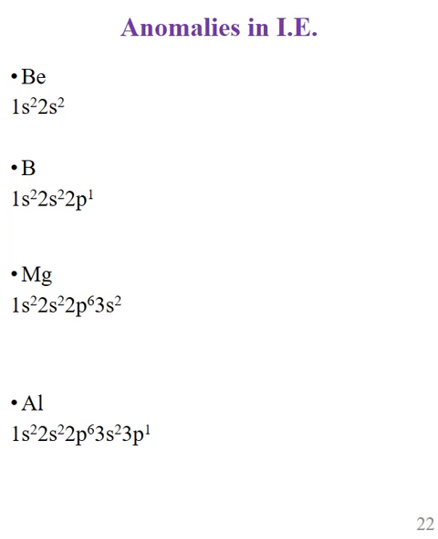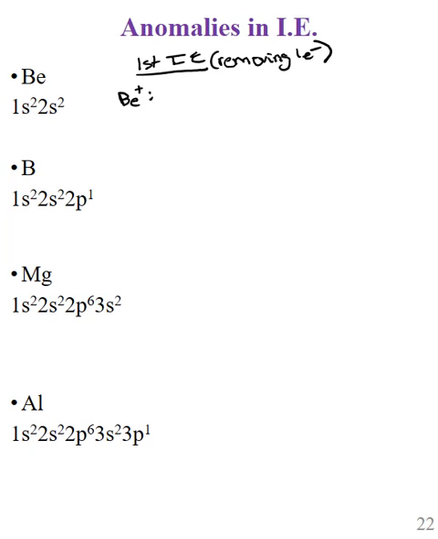Let's say I am going to look at the first ionization energy. First ionization energy, if you remember, you're removing one electron. So beryllium, because you're removing one electron, turns into a cation.